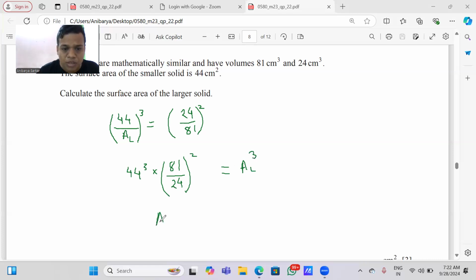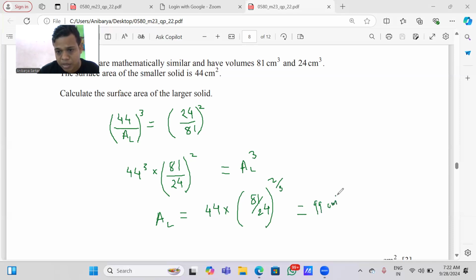Simply the cube root of this value. So AL equals 44 times 81 by 24 to the power one third, squared. A cube root means one third, so 2 into one third is two thirds. Now you use the calculator and the value will be 99 centimeter square. That is the answer.